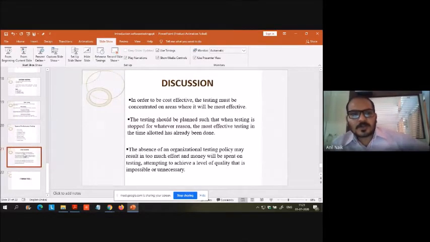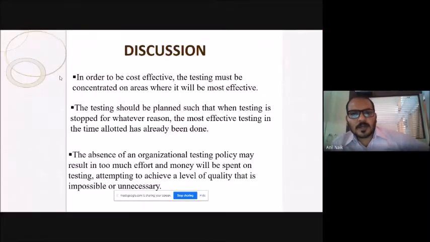In order to be cost effective, the testing must be concentrated on the areas where it will be most effective. Cost effective means, based on the priority, we can focus on particular modules. For example, security: if security is a major priority, then we'll focus on the security of the particular software.